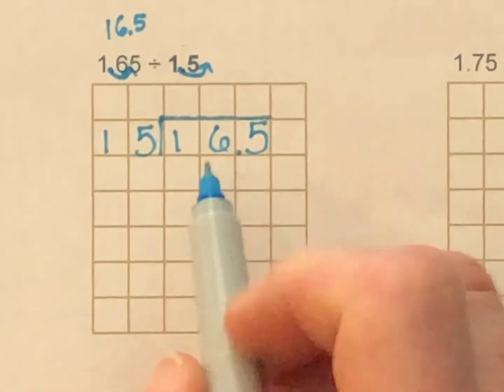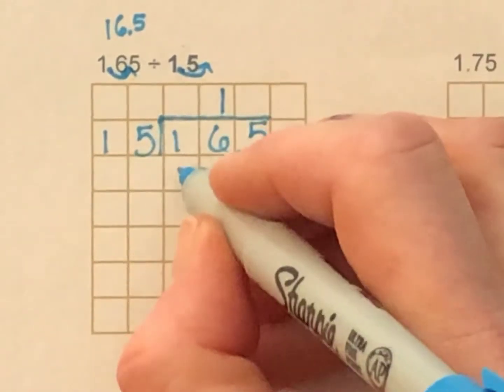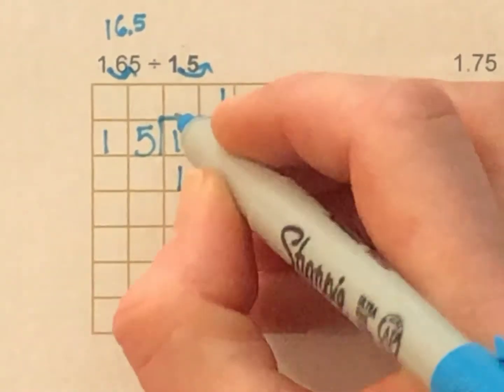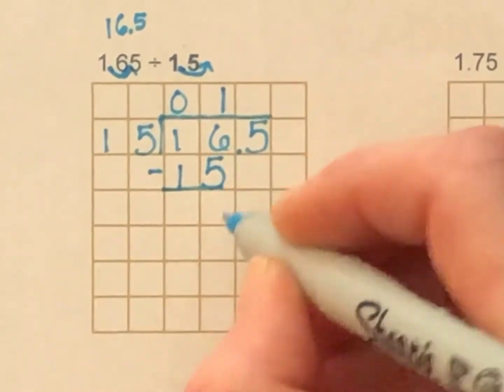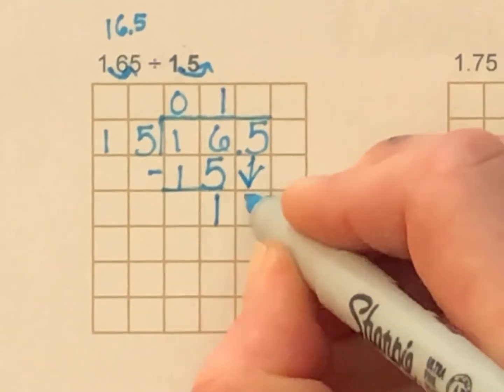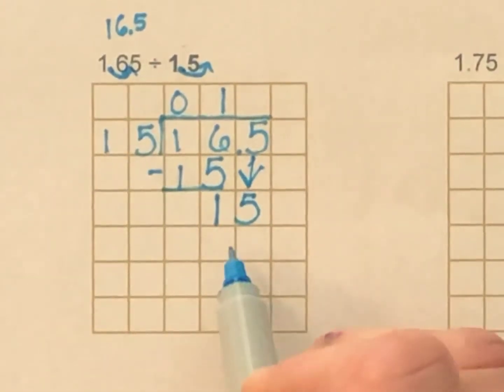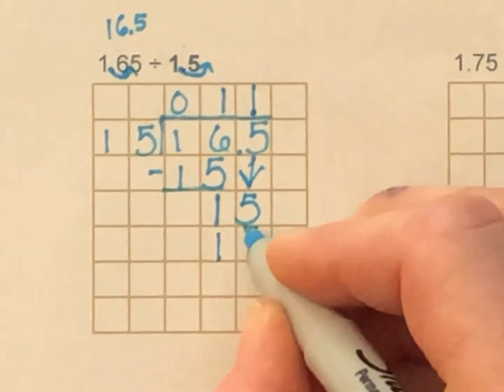15 goes into 16 one time. 16 minus 15 is 1. Bring down the 5. 15 goes into 15 one time. 1 times 15.